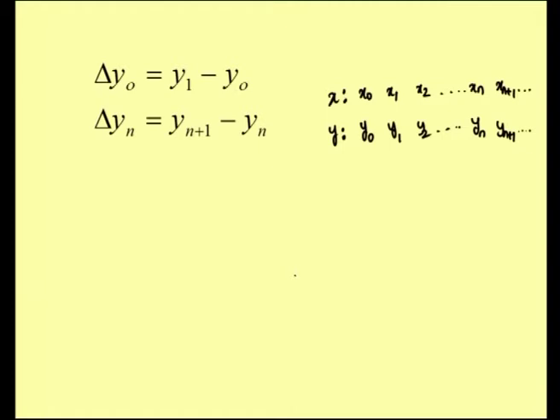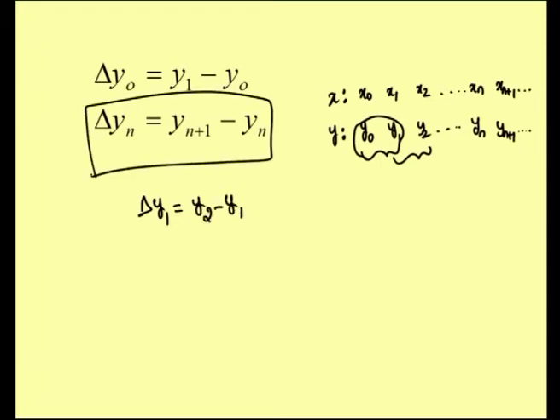So, del y naught in the sense y1 minus y naught. Similarly, del y1 is y2 minus y1. So, in general we have del yn is equal to yn plus 1 minus yn.